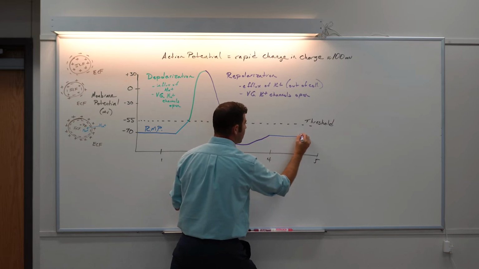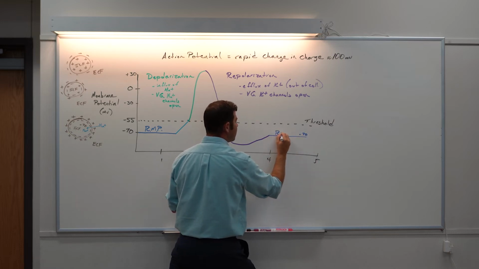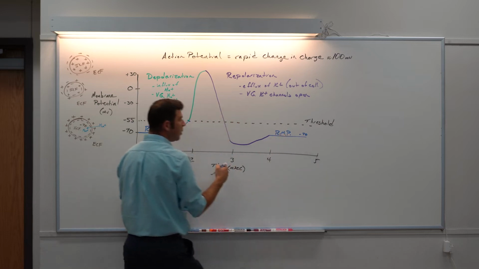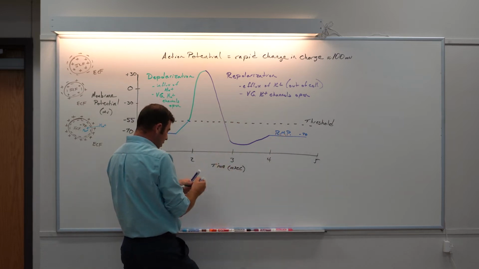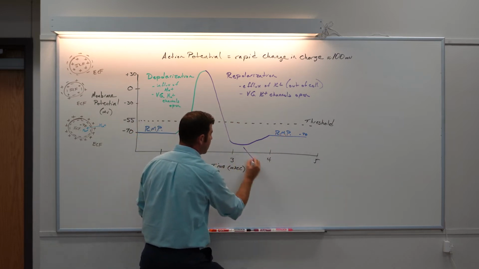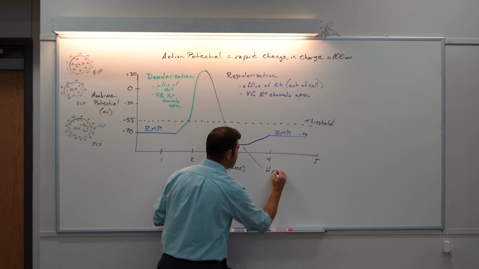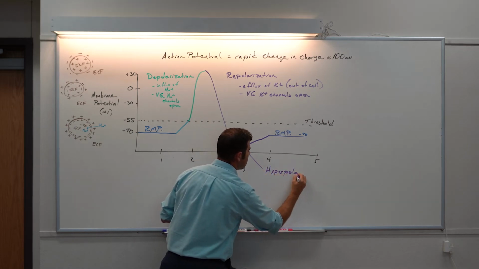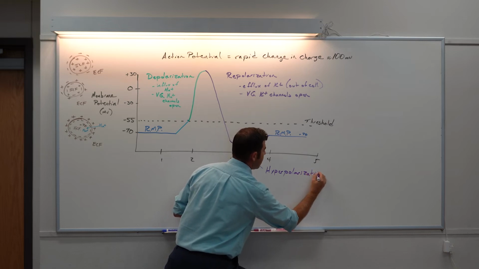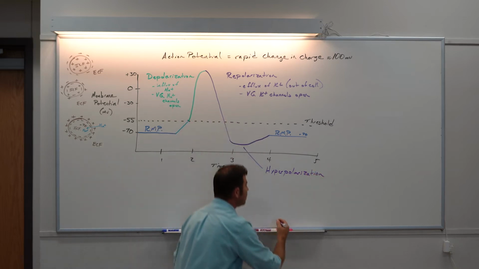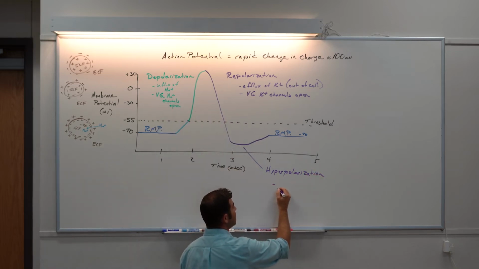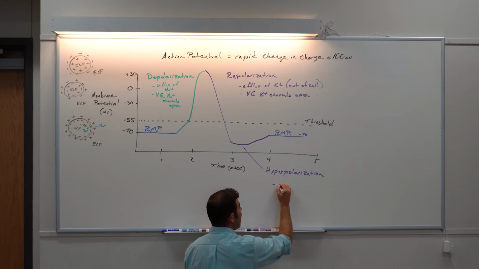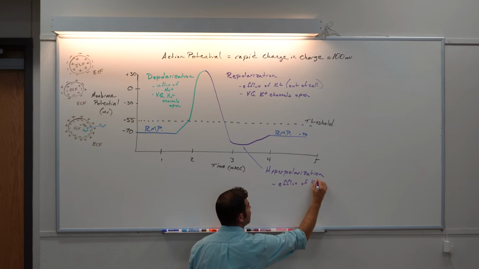So there is our negative 70, our resting membrane potential. This part of the graph where we dropped below our normal resting membrane potential is what we call hyperpolarization. And what brought us to this hyperpolarization, like we said, was the fact that we lost too many potassium ions. There's once again an efflux of these potassium ions.